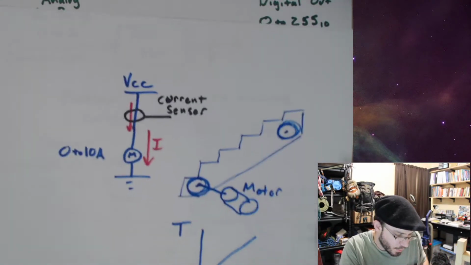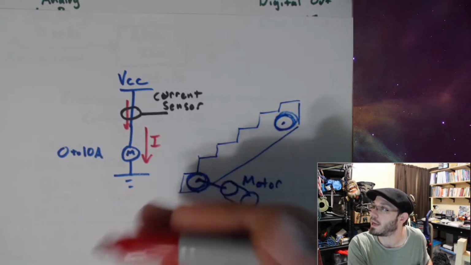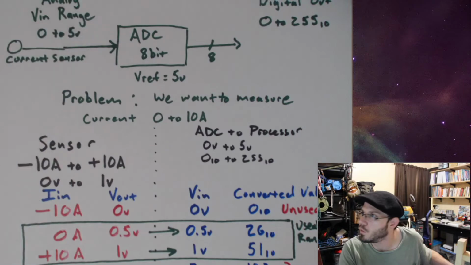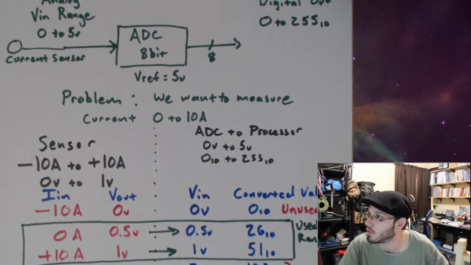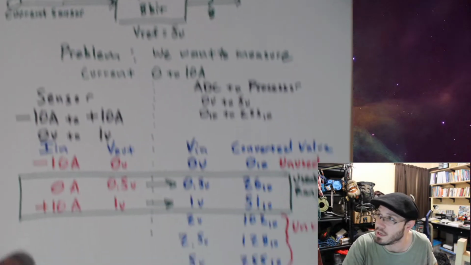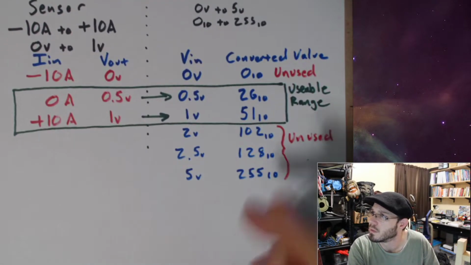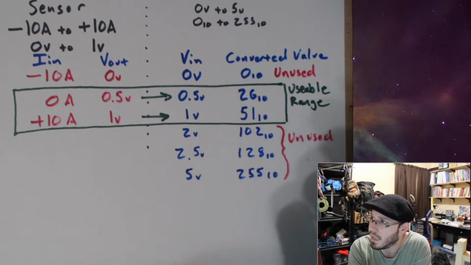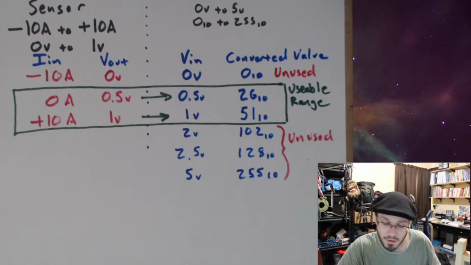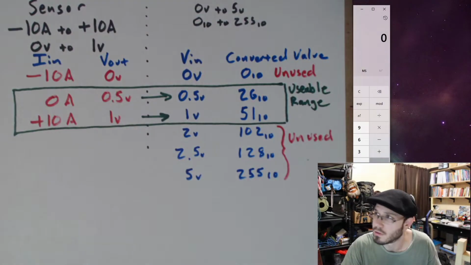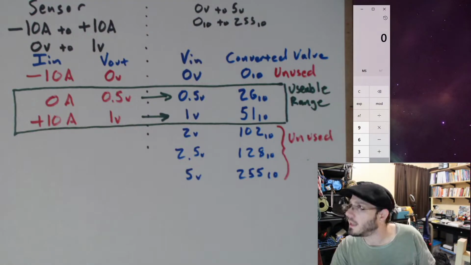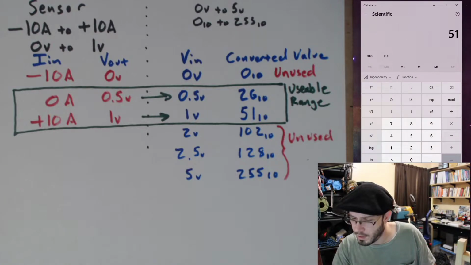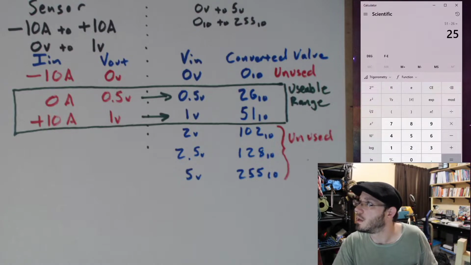And if something were to go wrong and current goes up high, then we go ahead and trip the fail safe and turn the motor off, do whatever we want to bring this back down to a safe range. Effectively all we got is 26 to 51. That's nothing. How many values do I have? Let's take 51 minus 26, 25.